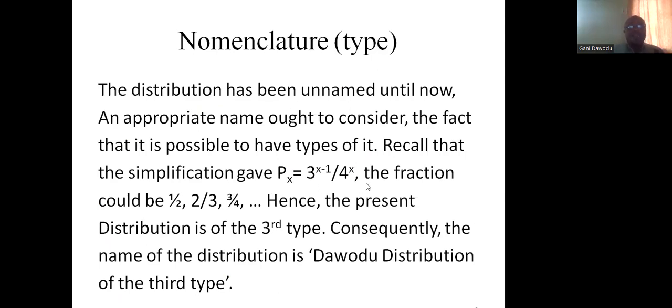There are some other distributions of its type that will have the fractional part 1/2 or 2/3. But this is having 3/4. So it is of type 3. Consequently, if you don't know how to address this distribution, just call it Dowdle's distribution of type 3.